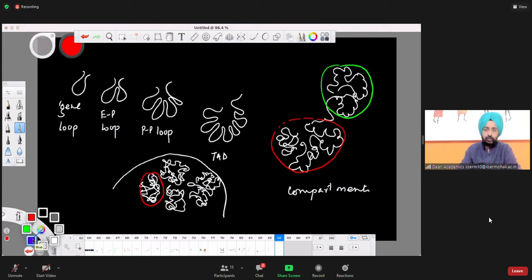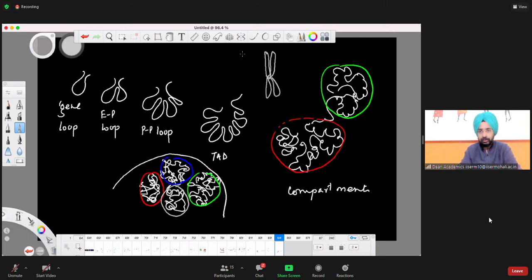The typical cruciform shape structure that you see in textbooks, those are the metaphase chromosomes. So you see this kind of structure, with or without these chromatids.